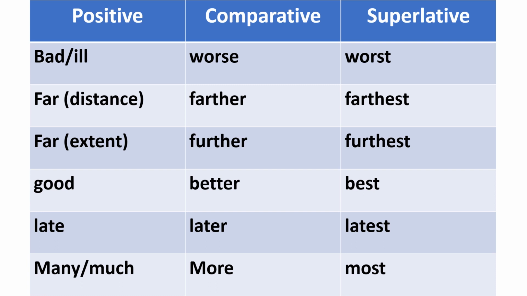Then we have far or distance. Farther, farthest. Far means extent, farther, farthest. Good, better, best. Late, later, latest. Many or much. More, most.